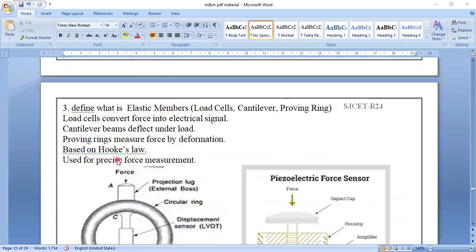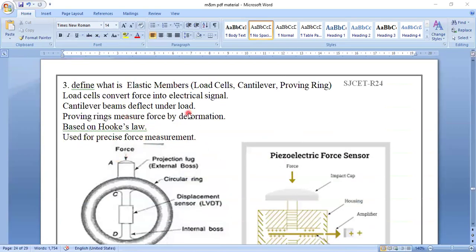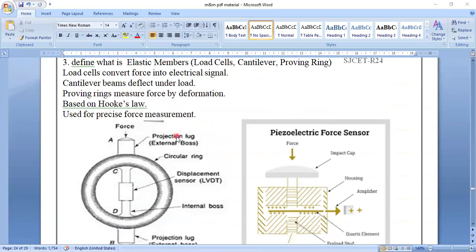Coming to your third question: define what are elastic members. Elastic members are load cells, cantilevers and proving rings. Load cells convert force into electrical signals, as I told you in the first question.